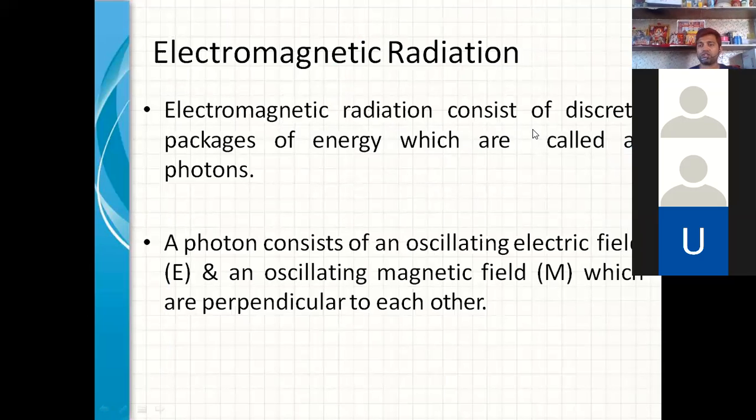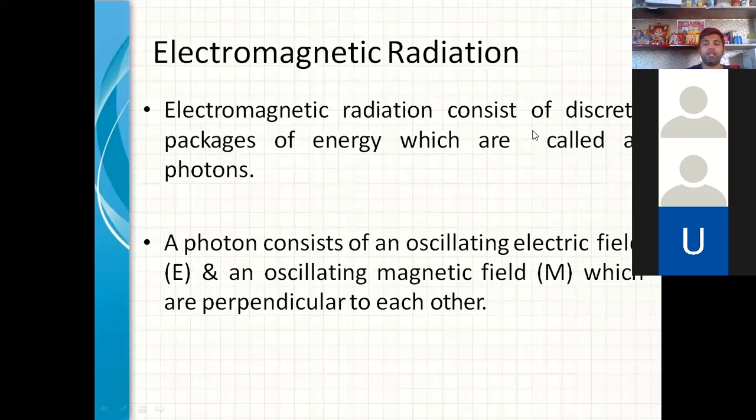The energy coming directly from the sun comes in discrete packages, not continuous, which are known as photons. Photons are different from phonons. So this energy comes in the form of photons, discrete packages of energy.